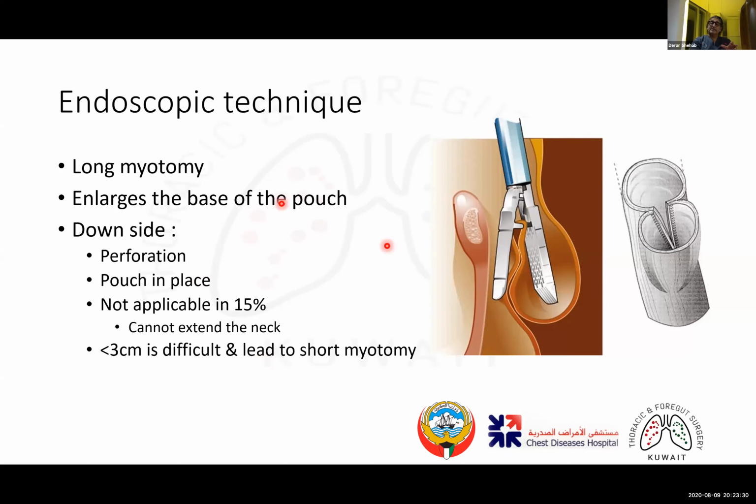The thing is that the pouch usually stays in place. So the recurrence is always a problem in this kind of technique. And the other problem is that if it is a small pouch, the myotomy will be very short, so that will lead us to more recurrence than the conventional resection and myotomy.